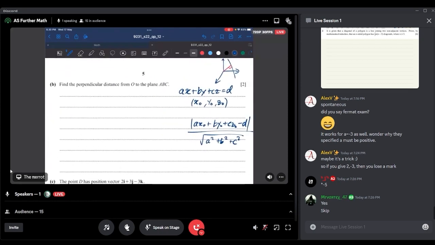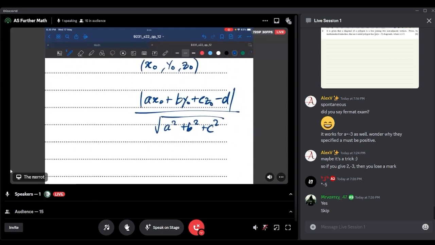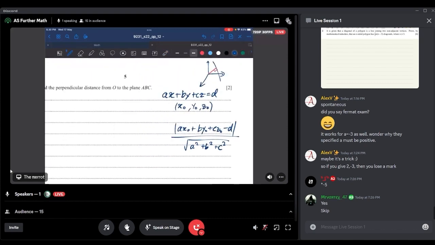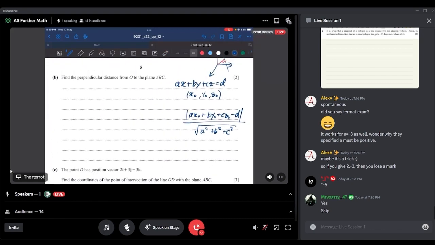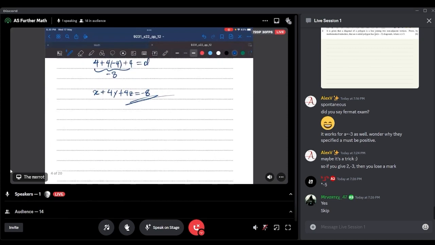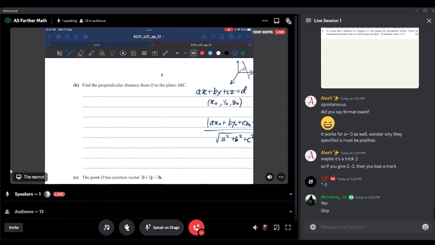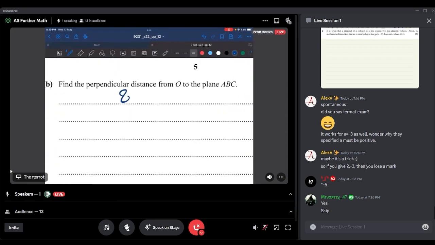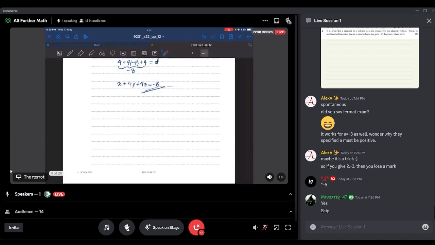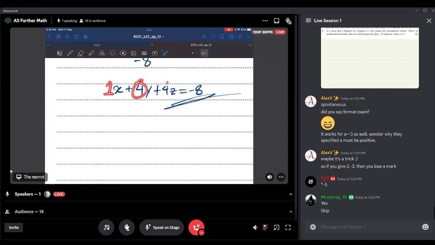And since we're finding from the origin, the origin is just 0, 0, 0. So I can completely ignore these guys very easily. But what's the d? The d was minus 8, right? Yeah, d is minus 8. So minus d is just 8. So you have 8 divided by the magnitude of the normal here.